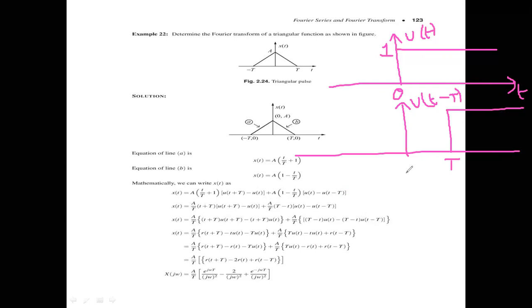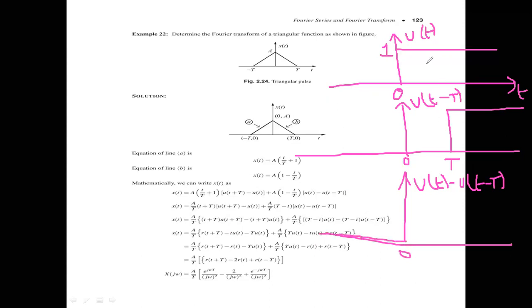Now these two I can subtract: mu of t minus mu of t minus T. Previously we subtracted mu of t plus T minus mu of t. Now it is mu of t minus mu of t minus T. So at minus infinite the value is 0 only.